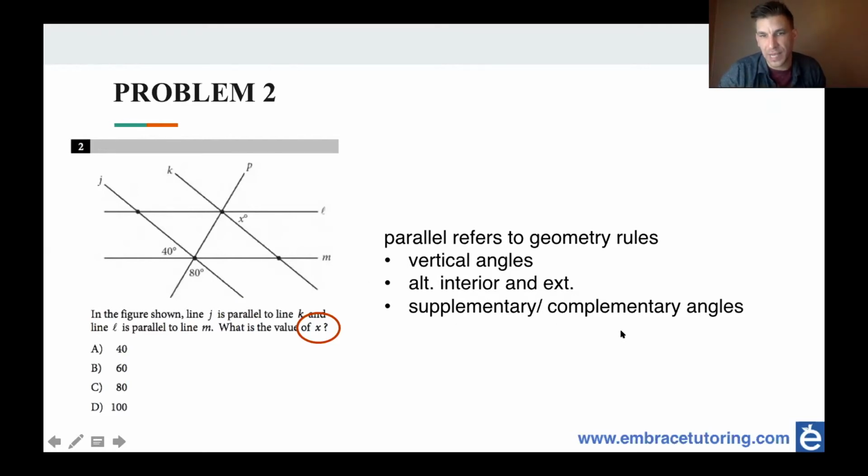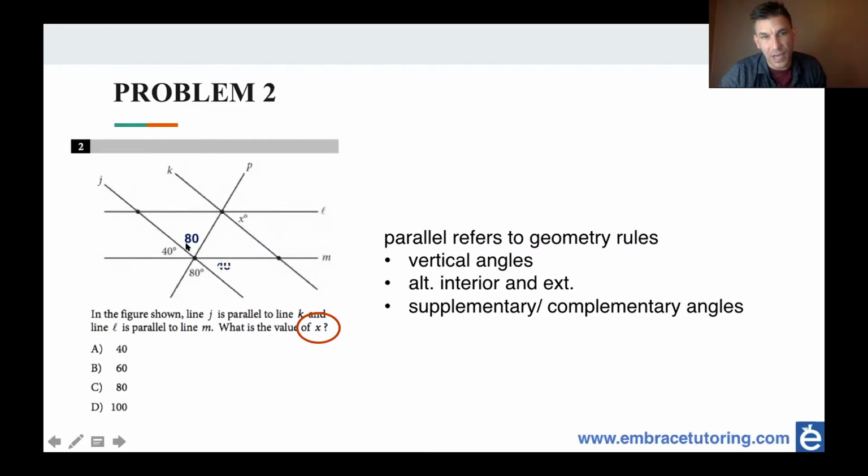Complementary is when they equal 90. Most of the time, when you're doing angles and line problems, they refer to supplementary, because you see a line. They don't necessarily want you to derive if it is a 90-degree angle, so focus on the supplementary instead. As I do this, I notice here, if this is 80 degrees, then this vertical angle is going to be 80 degrees.